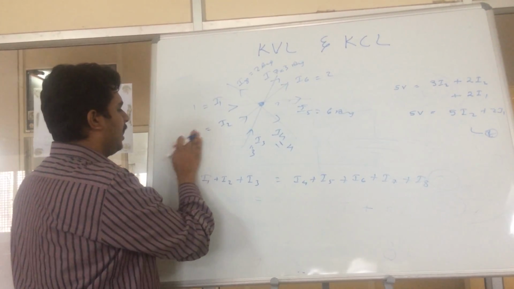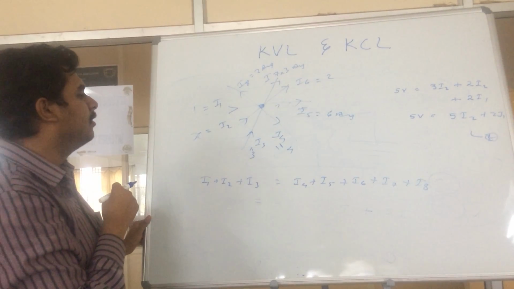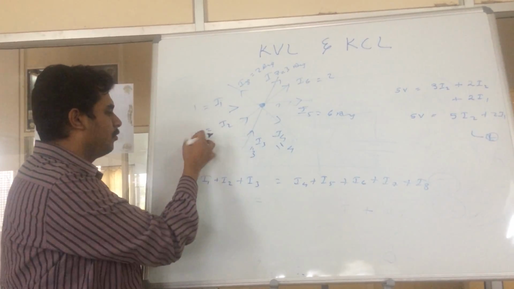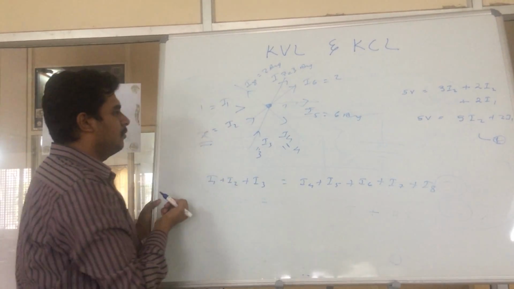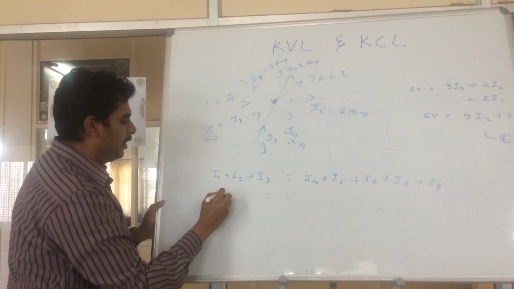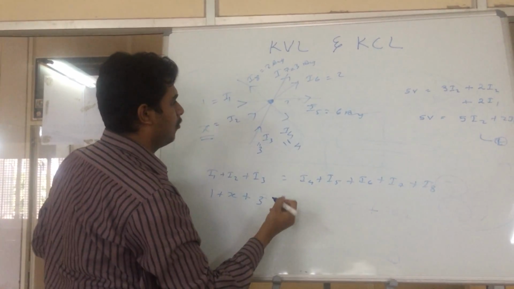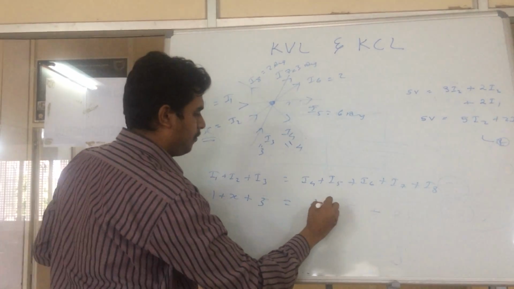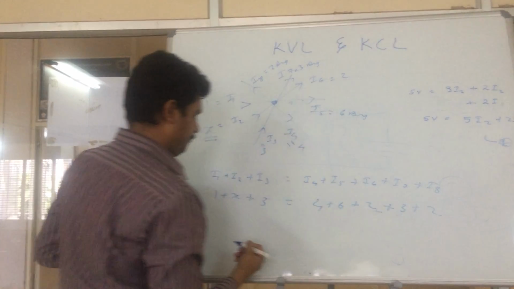I haven't specified any variable, so let us take I2 as x. We need to find x, with I2 being the current entering the node. Therefore, 1 plus x plus 3 is equal to 4 plus 6 plus 2 plus 3 plus 2.